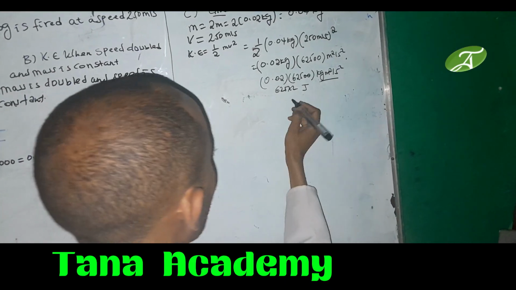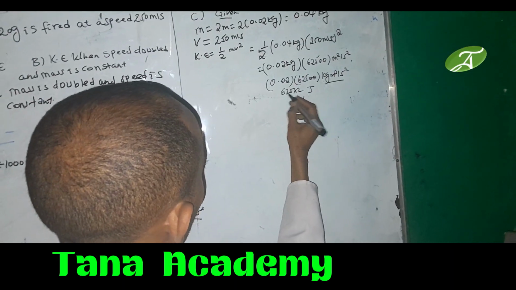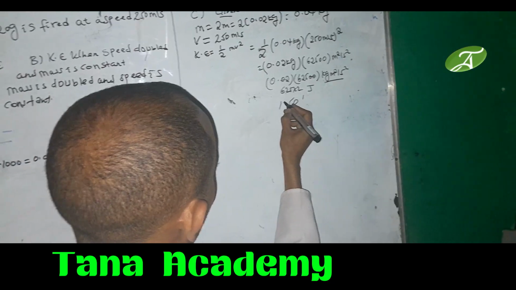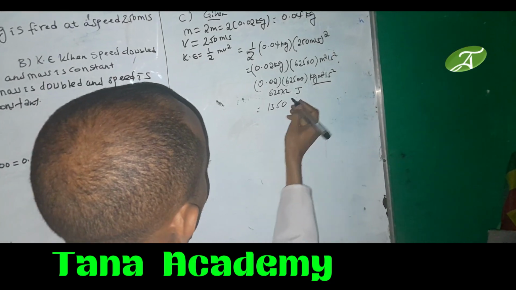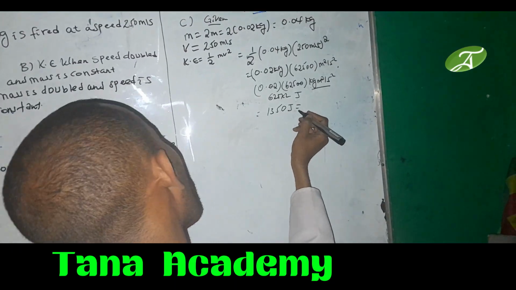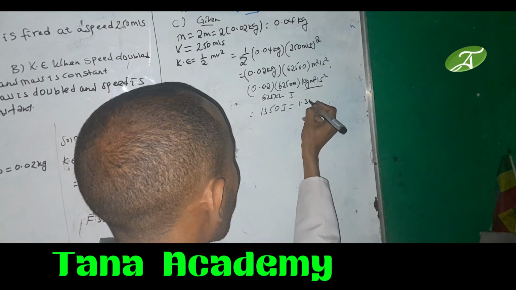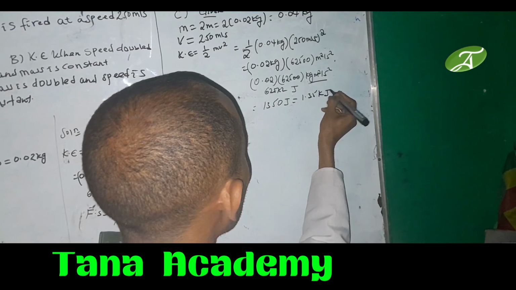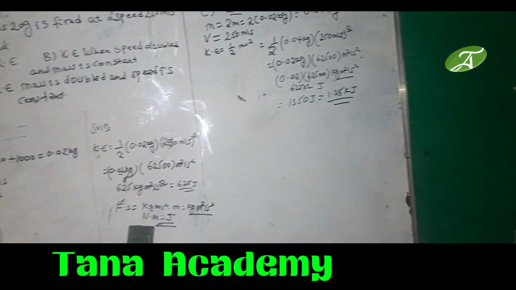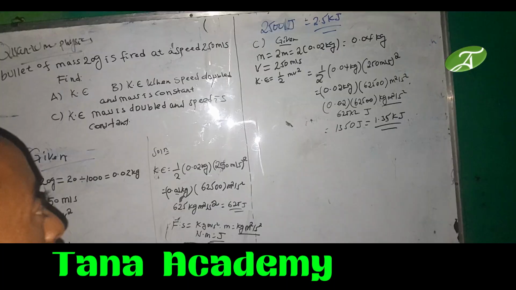Therefore 2 times 5 becomes 10, write 0 carry 1, 2 times 2 is 4 plus 1 is 5, 2 times 6 is 12. What? 1250 joule. That means 1.25 kilojoule. Let us do another example.